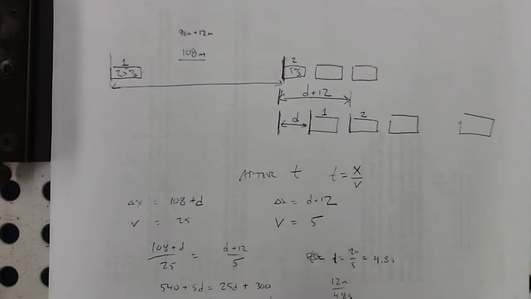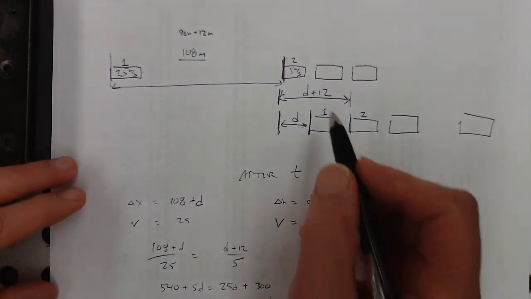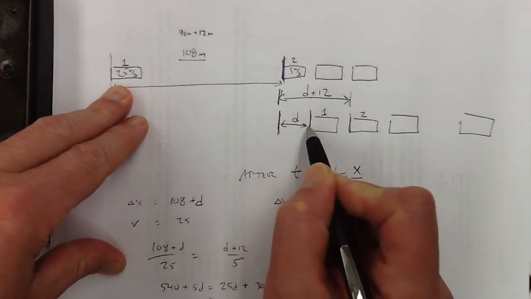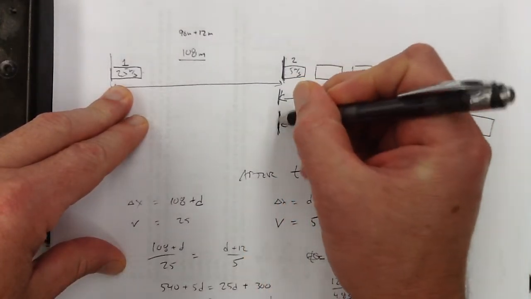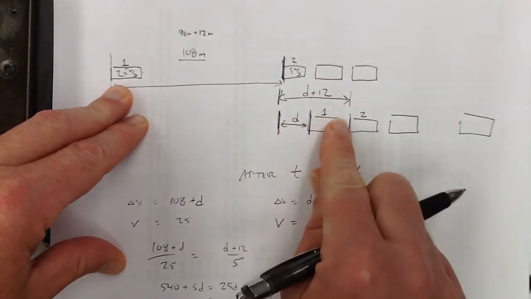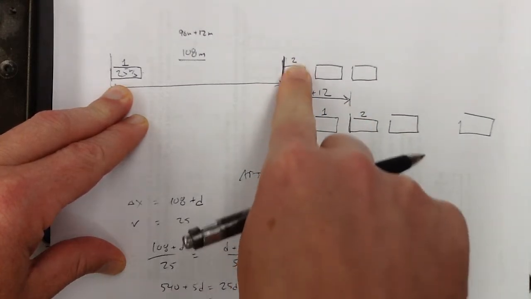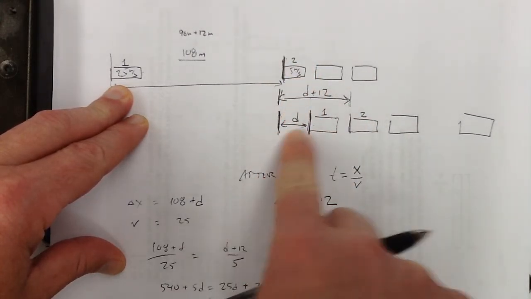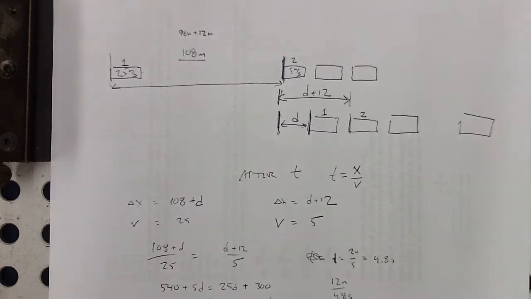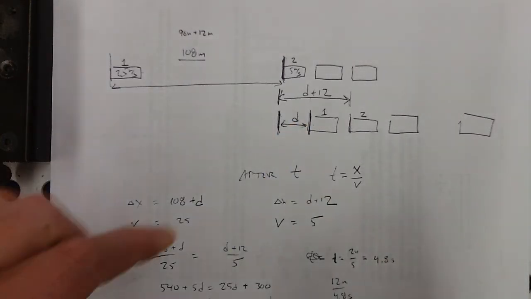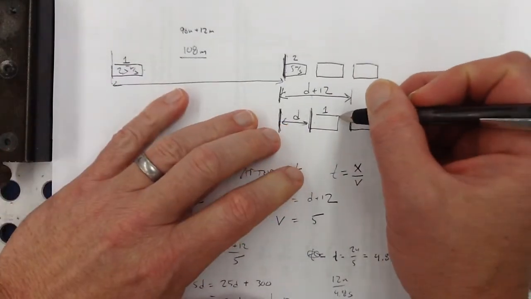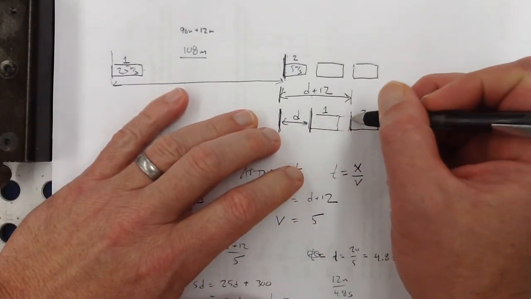All right, so then I just set up some different distances. I don't know how far car 1 has moved forward compared to where it would have been in part A. I don't know what that distance is, so I called that D. Then these are my little buffer zones, right?